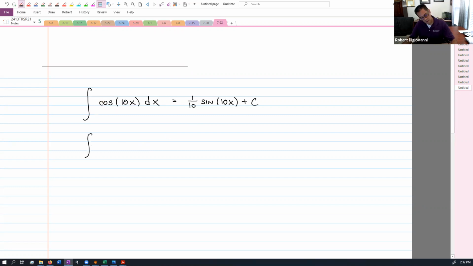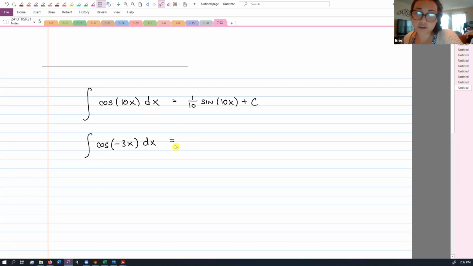Let's do another one. What about cosine of negative 3x dx? Well, for the antiderivative of that, this negative 3 is going to be a problem, right? So what are we going to have out in front of it? We had 10 here, we needed a 1/10. Negative 3, we need what? Negative 1/3. You can put the 3 on the top or the bottom.